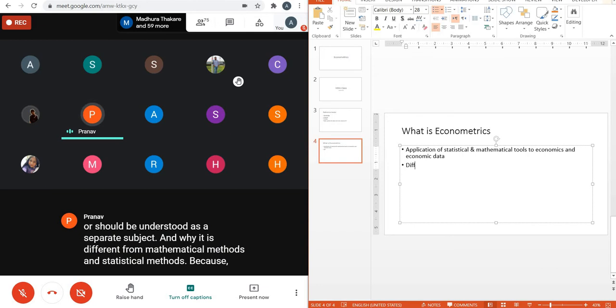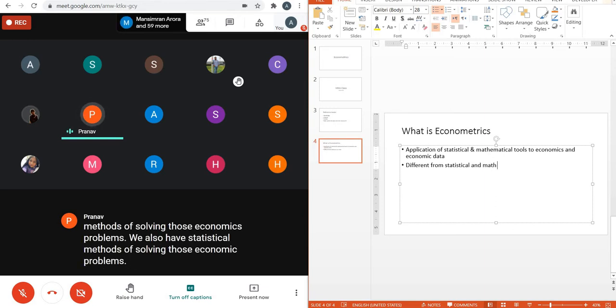Because we also have mathematical methods of solving those economics problems, and statistical methods of solving those economic problems. But why specifically do we need econometrics then? And where essentially does this subject come from?